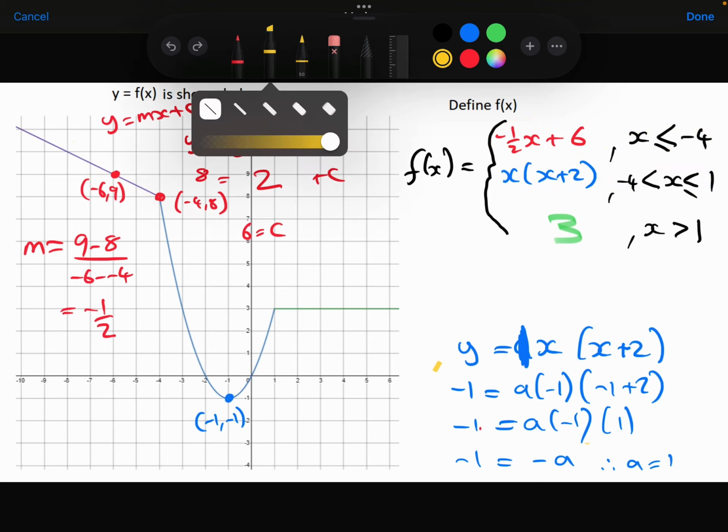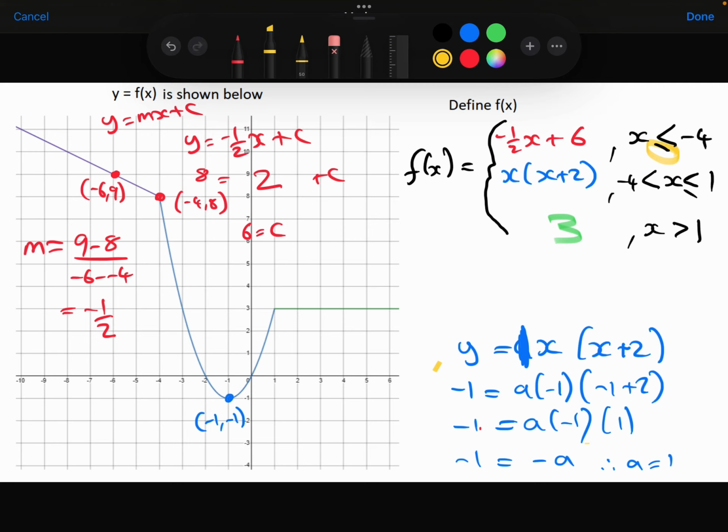Like I say, if you wanted to, instead of putting that there, you could have put it here. And if you wanted to, instead of putting that here, you could have put it here. It's up to you, as long as you include the minus 4 and the 1 somewhere, because they both have the same y values at those points.